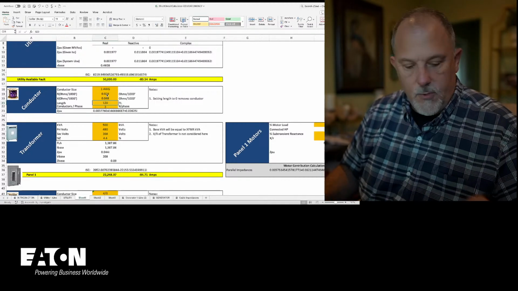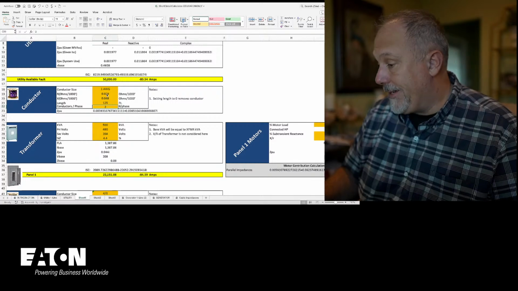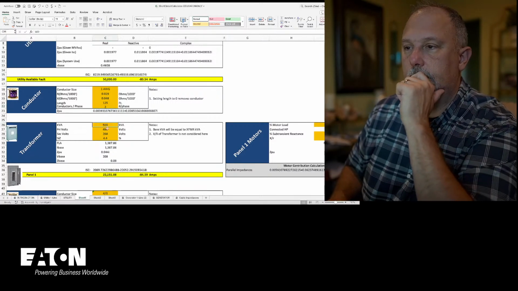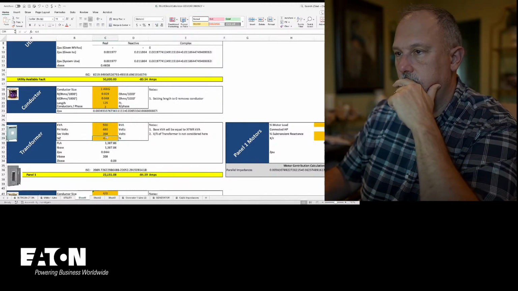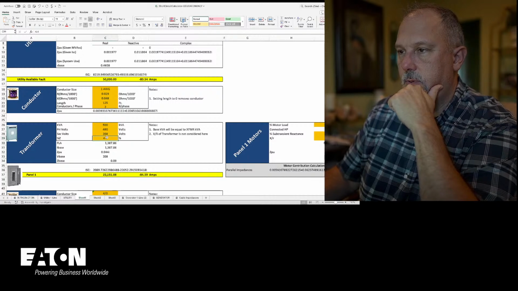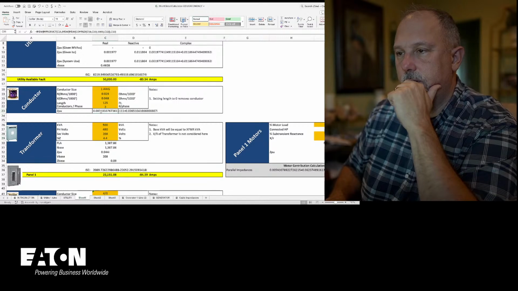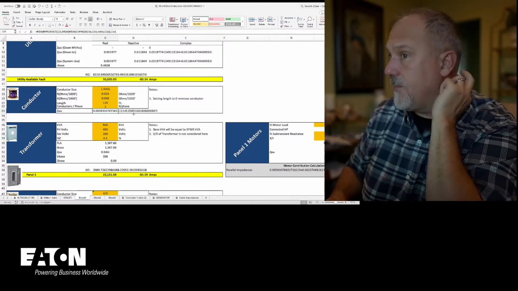And I had 125 feet. And I had two in parallel. And I got my 500. What's my percent Z? 0.003. All right, so 00393, 0.0065. So that number is accurate.